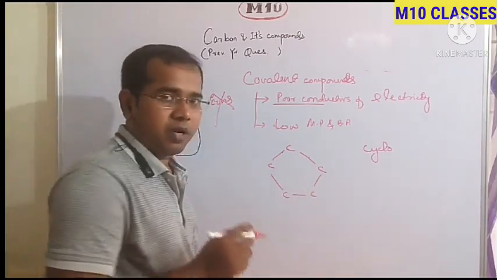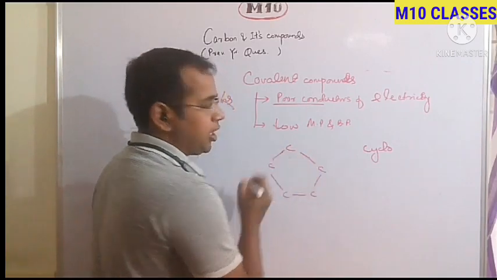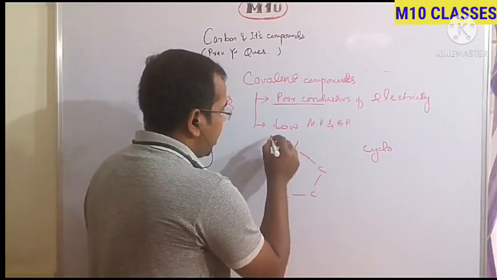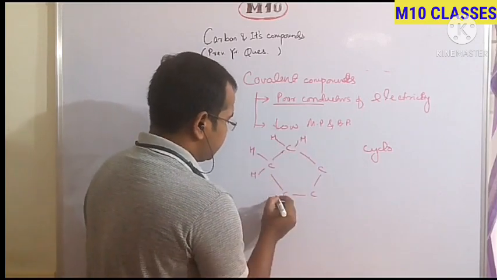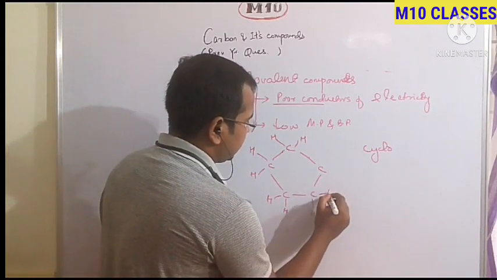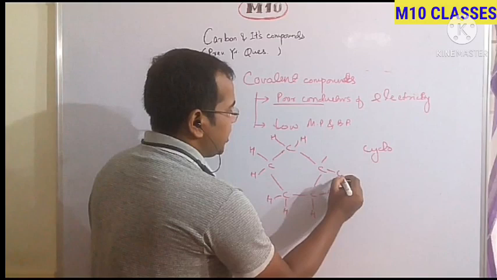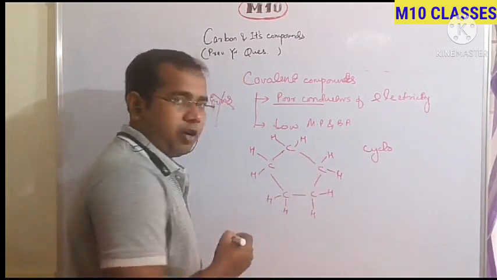And let us fill the number of hydrogens. Here a single carbon atom has 2 single bonds. So they can have 2 more single bonds, and I can put hydrogens. Let us place hydrogens. First of all, let us see the name of the compound and the formula.